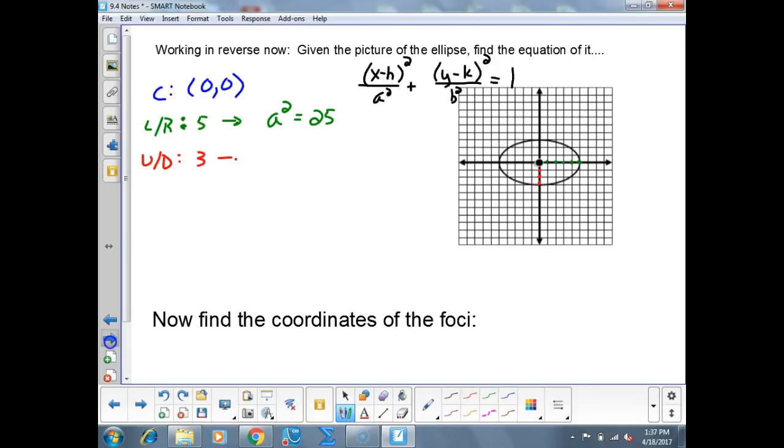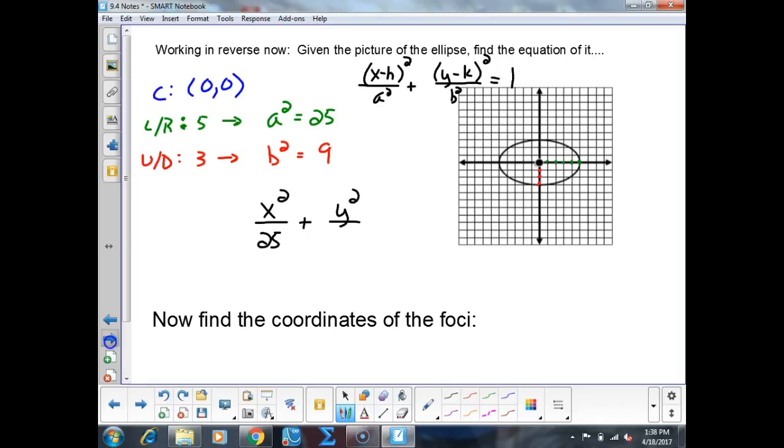Which means b squared is 9. Do we have enough now to make the equation? What's the equation of this particular ellipse? X squared over 25 plus y squared over 9 equals 1.